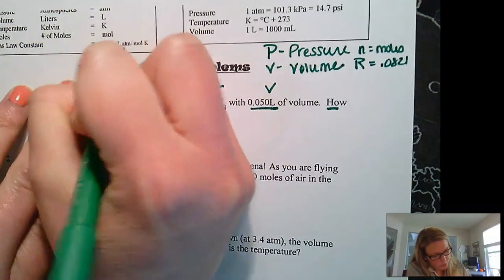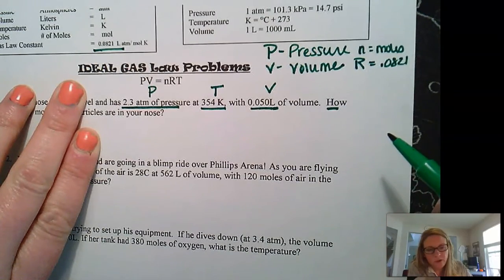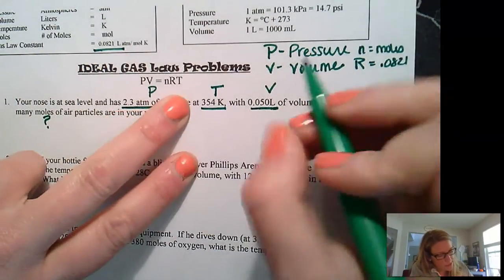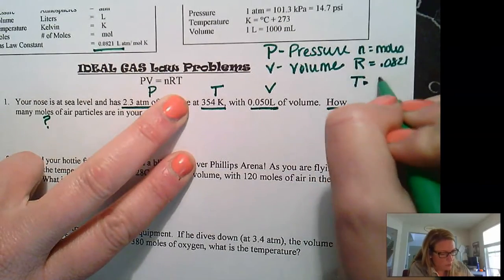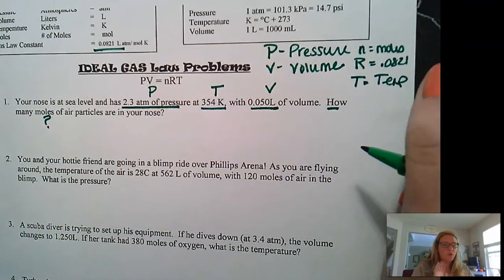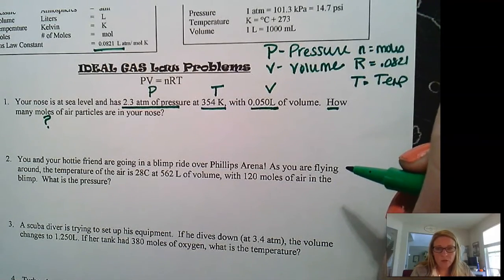It's up here, 0.0821. On your test, we included that in the problem. You never have to solve for that or figure that out. And then T is temperature. So that's what those stand for. When in doubt, plug in the ones you know, solve for the one you don't. If it says in parentheses that R equals 0.0821, well, that's what R means.